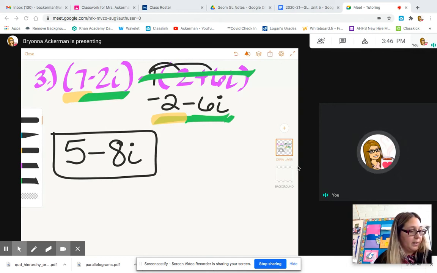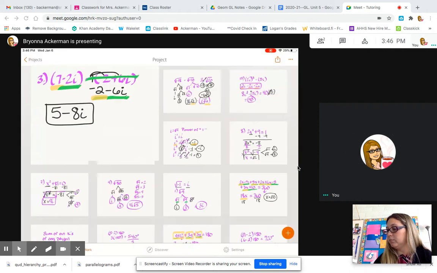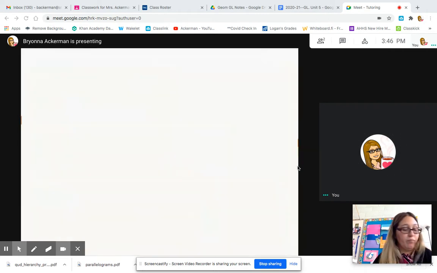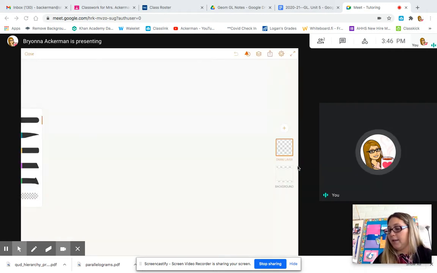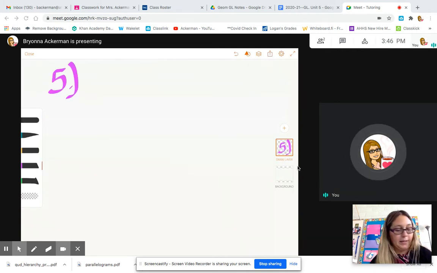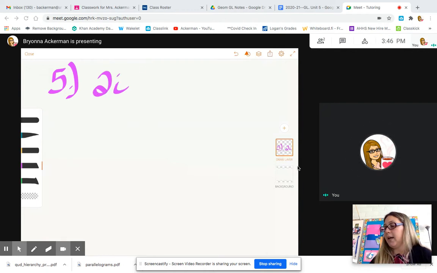So the third part of page 5 is multiplication. Now number 5, for example, is a lot easier than some of the other ones because number 5 has a pure imaginary, which is 2i, times a complex, which is 8 minus 3i in this case.